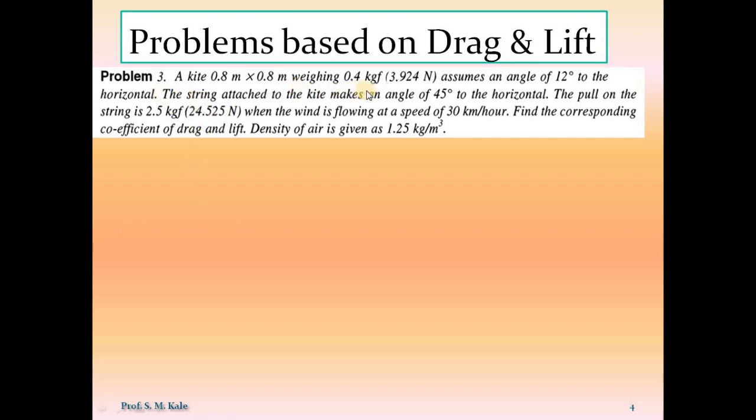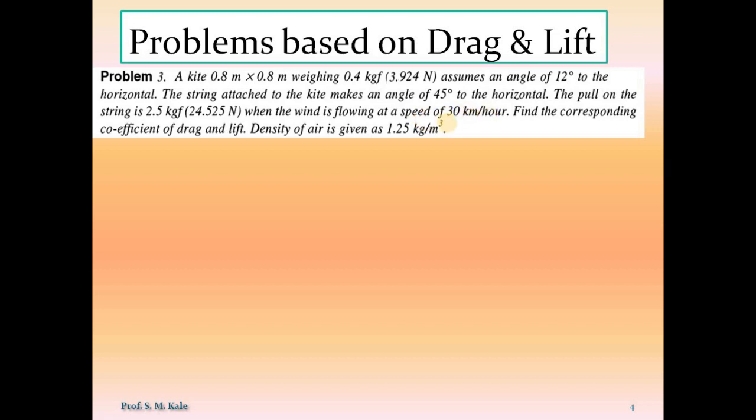The string attached to the kite makes an angle of 45 degree with the horizontal. So to that kite there will be a string attached, and the string attached to the kite is making an angle of 45 degree with the horizontal, and the pull on the string is 2.5 kg force, that is nothing but 24.525 Newton, when the wind is flowing at a speed of 30 km per hour.